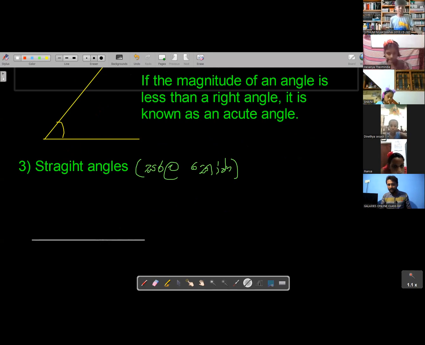That's the other arm. There are two arms meeting at this point, okay? That's the one arm and this one is the other arm. Then you can see this angle, like that, angles are known as straight angles, like a straight line, okay?